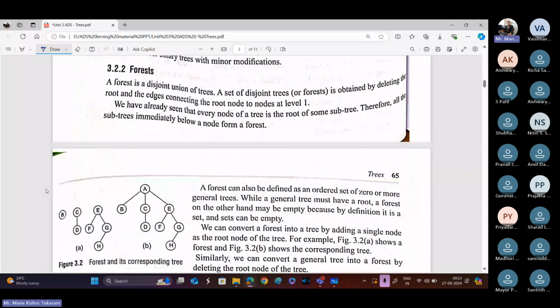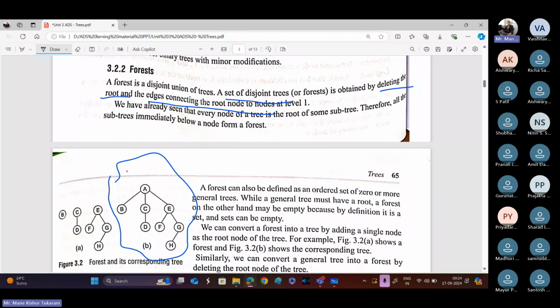Next one is the forest. So what does forest mean? It is a disjoint union of trees. Suppose we consider this particular example, which is a tree. From this tree, suppose I want to design the forest. A forest is a set of disjoint trees obtained by deleting the root and the edges connecting to that root node.